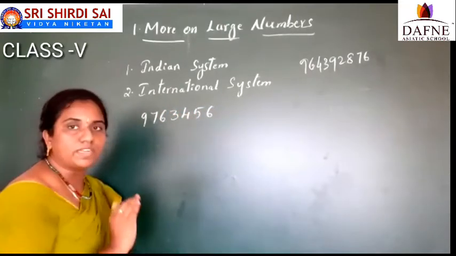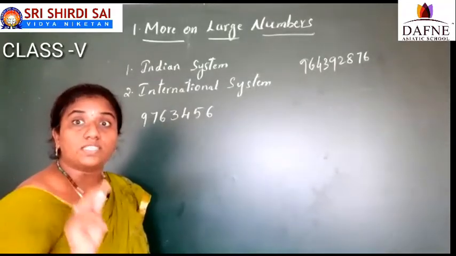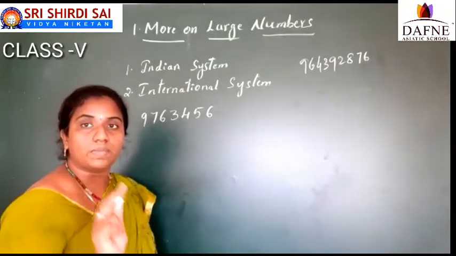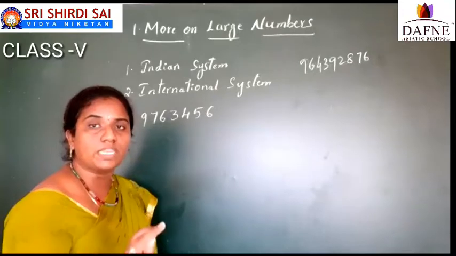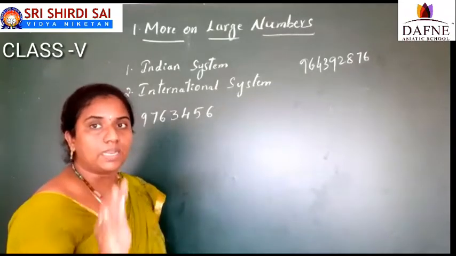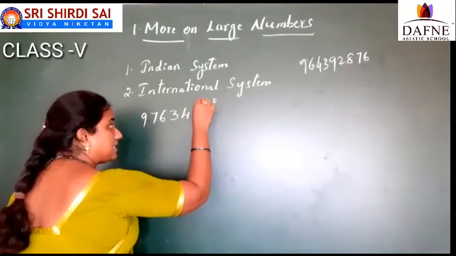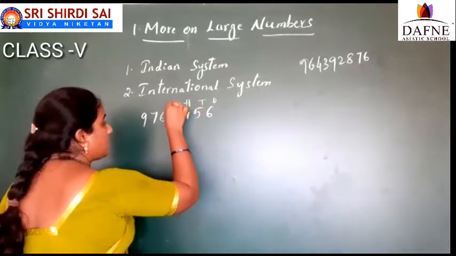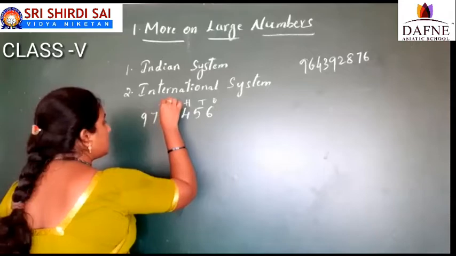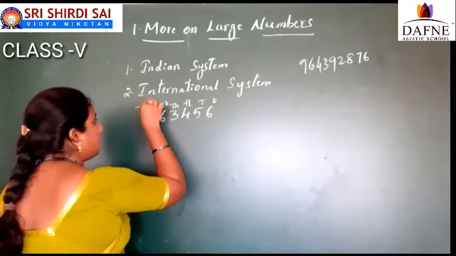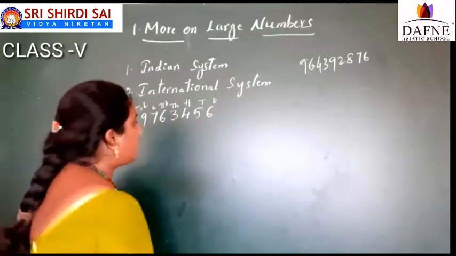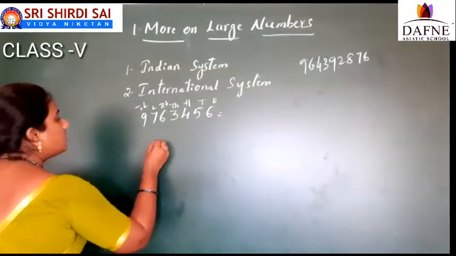I want to write the expanded form for this number. First write the place values. You know the place values already. The Indian system has how many periods? 4 periods and 9 place values. What are the place values? Ones, tens, hundreds, thousands, 10,000s, lakhs and 10 lakhs. Okay. Now expand this number.